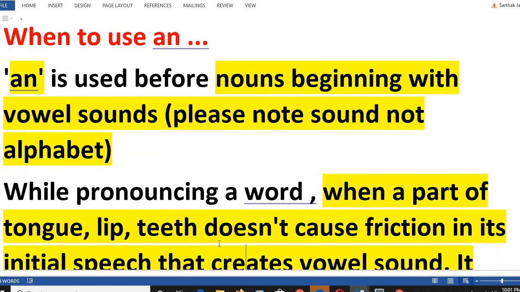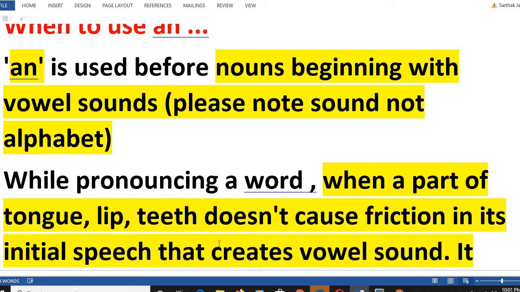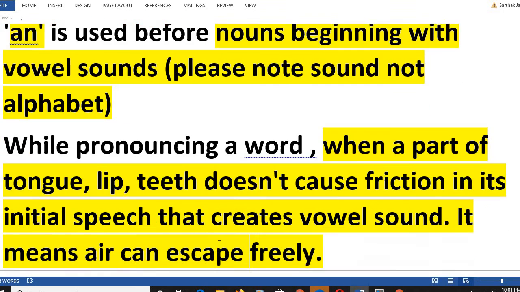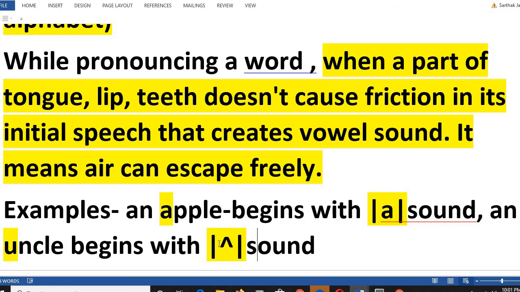Now when to use an? An is used before nouns beginning with vowel sounds. Again note, please, only sounds and not the alphabets. Now while pronouncing a word, when a part of the tongue, lip or teeth doesn't cause friction in its initial speech, that creates a vowel sound. It means air can escape freely.